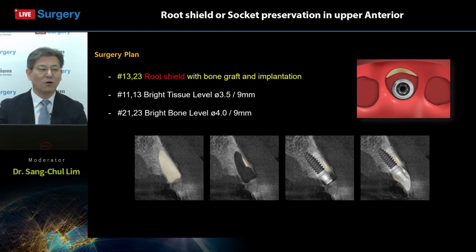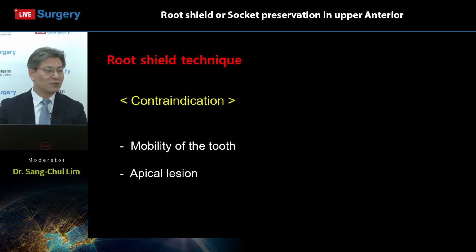We can see all of these procedures, tissue level and bone level. The diameter may be 3.5, 9 or 10, 9 or 11 millimeter, and another part will be 4.0, 11 millimeter implant fixture.